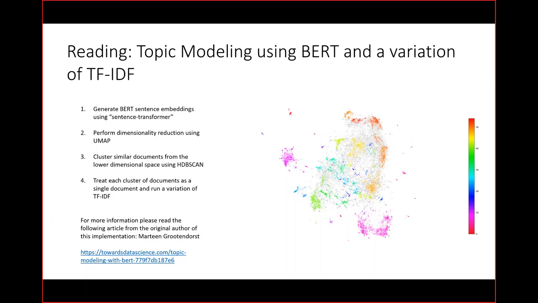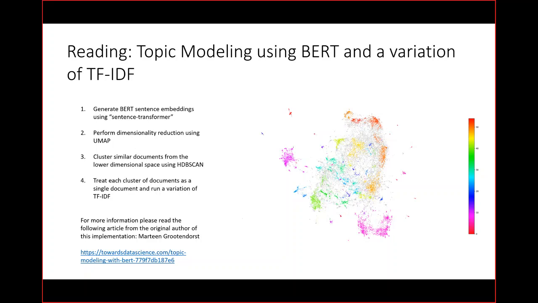Once you cluster those documents into a lower dimensional space, you treat each cluster of those documents as a single document, and that's what I mean by a variation of TF-IDF, because this person, Maarten Grootendorst, I'm not sure if I'm pronouncing it correctly, has built a variation of the standard TF-IDF. He calls it the c-TF-IDF, which basically treats the whole cluster of documents as a single document, and gives him the ability to rank the words that appear in that document.